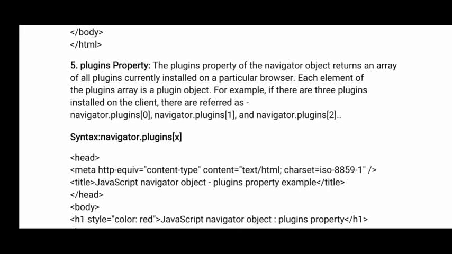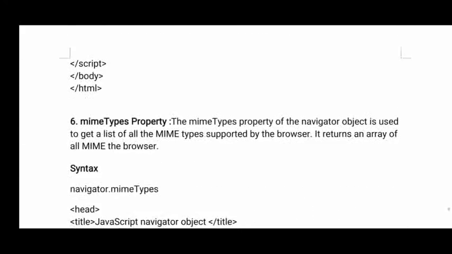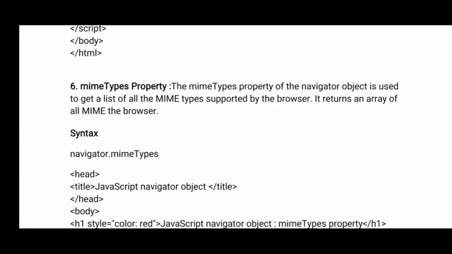That is all called plugins. Then MIME types: what extra media the browser is supporting, like audio, video, how many types of formats it is supporting, all that comes under the MIME types.